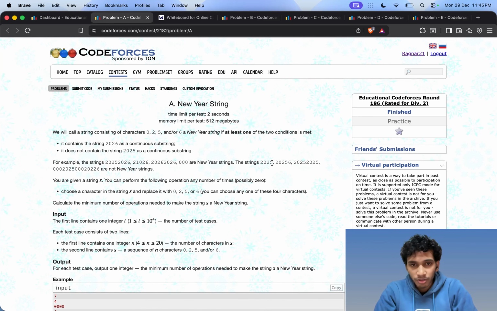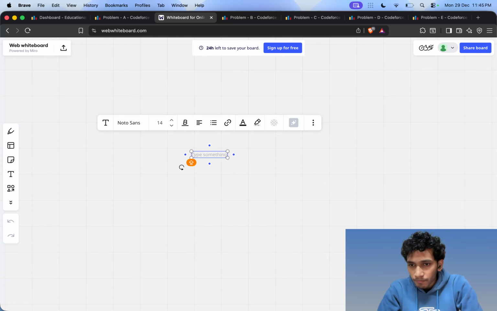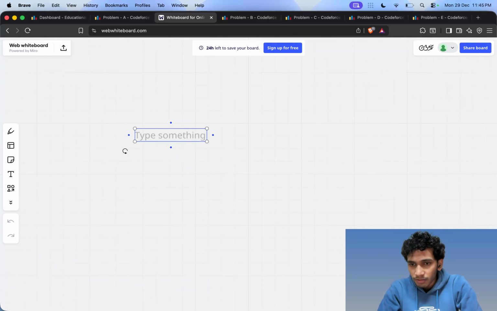In the second scenario as well, 2025 is present and 2026 is not present. In the third scenario, 2025 is present two times, 2026 is not present. Here as well, 2025 is present and 2026 is not present. It is 2022. Alright. So what do we analyze?